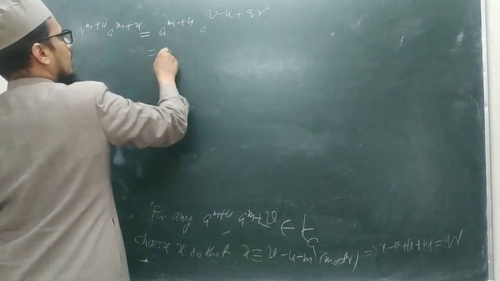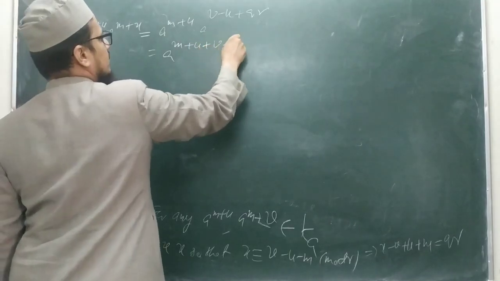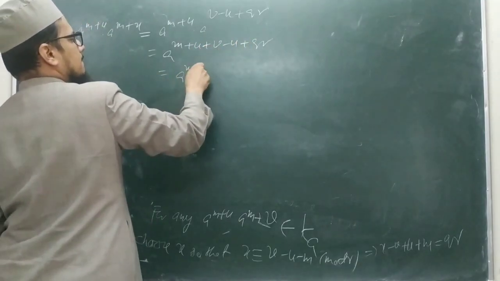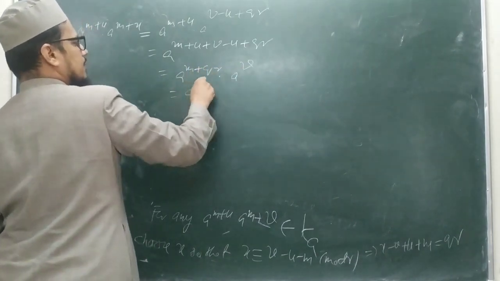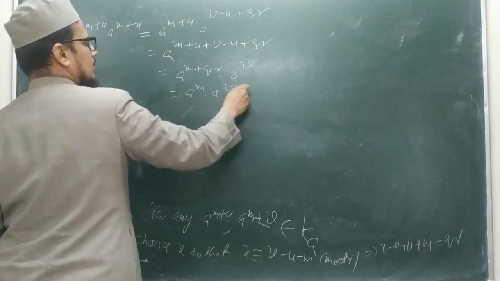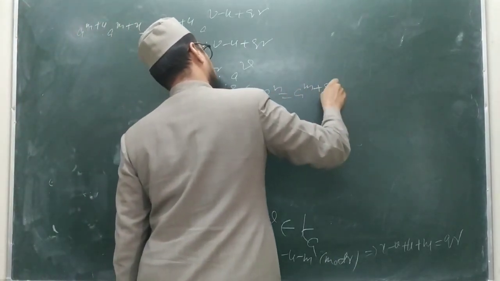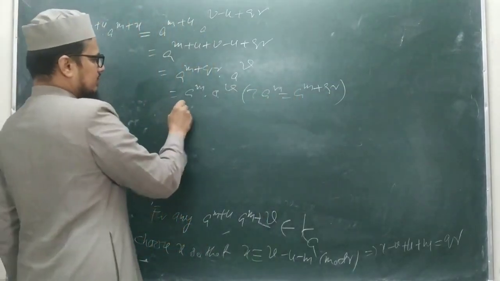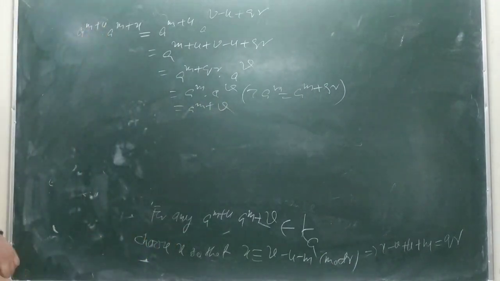So it will be a to the power m plus u plus v minus u plus qr. It means a to the power m plus qr into a to the power v. It will be a to the power m into a to the power v, since a to the power m is equal to a to the power m plus qr. Correct? So it is a to the power m plus v. See what we have proved.